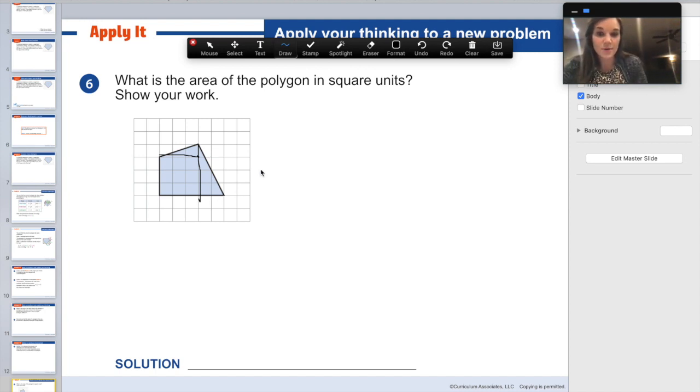So we have our base, which is 2, and our height, which is 1, 2, 3, 4. So 2 times 4 divided by 2 or times 1/2, right? What is 2 times 4? It's 8. So what is 8 divided by 2? That is 4.